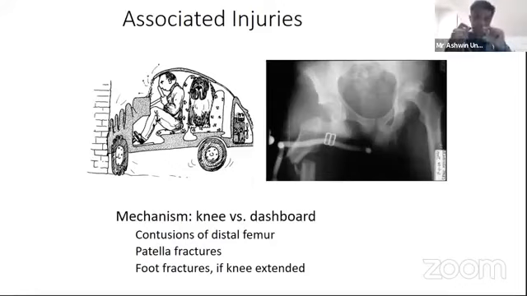This could occur secondary to a fall from a standing height, as if the legs have split, like a split of the hip, and cause a similar dislocation of the hip. As a matter of fact, this is what I saw a couple of weeks ago. And in a young hip, this is what you would see: a mechanism of a knee injury to the dashboard, which causes patellar fracture, or femoral fracture if the knee is extended.